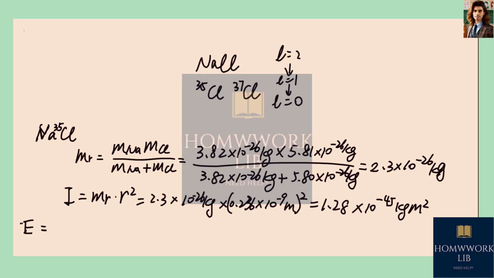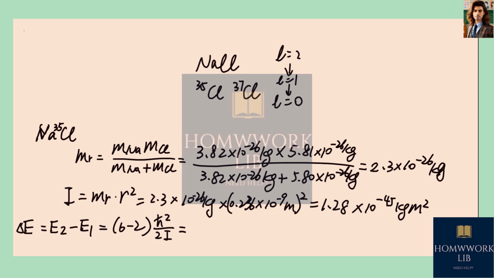Delta energy of 2 to 1 is E2 minus E1, which equals 6 minus 2, because 2 times 3 minus 1 times 2, times h bar squared over 2I.